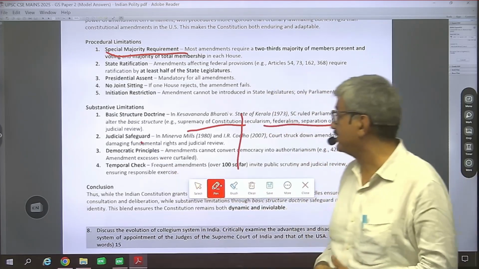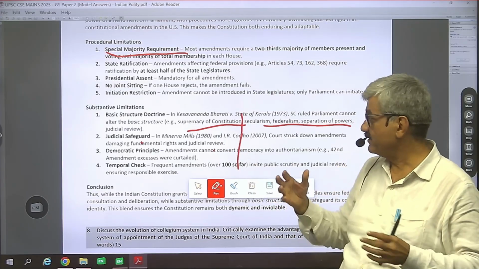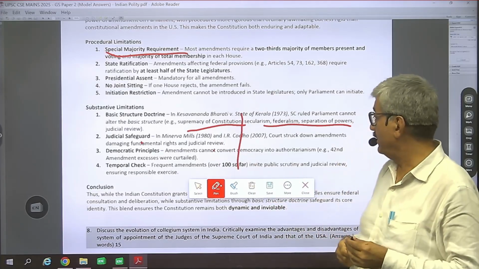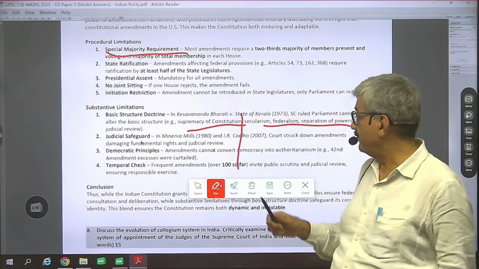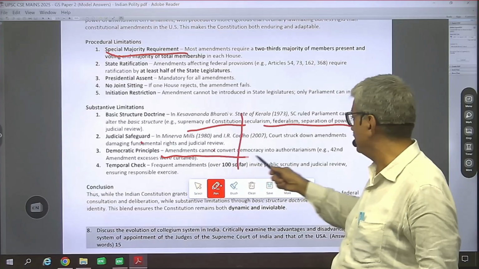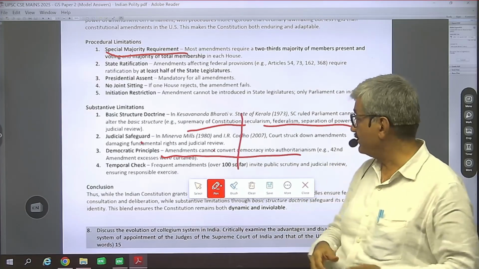Again, there are judicial safeguards, the power of judicial review. As we all know, the Supreme Court can always review the amending powers and the amended bills. Then there are democratic principles, that is, public mobilization and opinion expressed in Parliament.